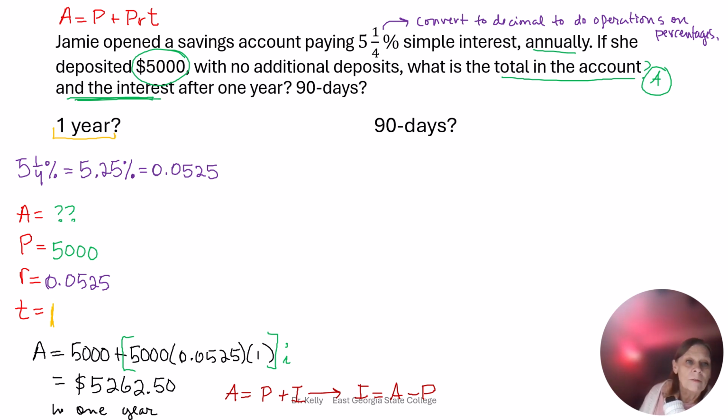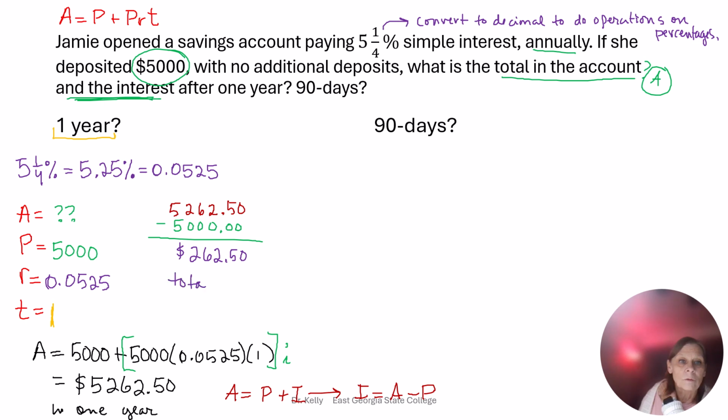So interest is equal to the amount in the account minus the principal. So if the amount in the account is $5,262.50, and we subtract the original amount, which was $5,000, then you can see that our total interest was $262.50.